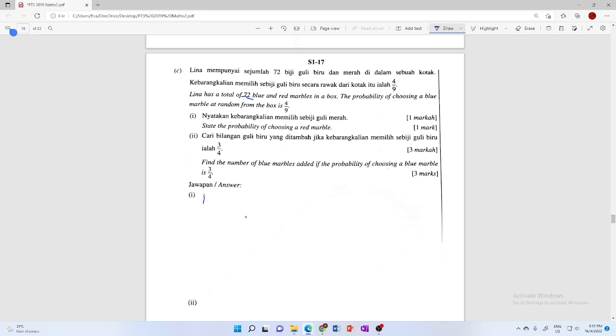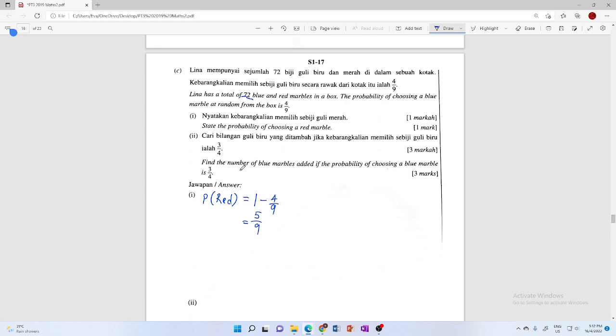So the probability of choosing red marble equals to, because there's only blue and red, 1 minus the blue, 4/9. That is equals to 5/9.